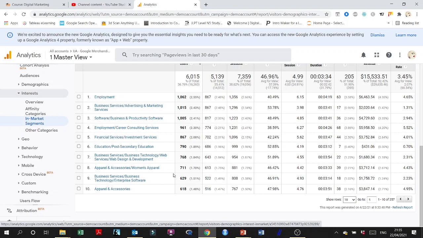But the main idea here, guys, is to align your marketing message or your marketing campaign to one or many. So you have different ad groups. The first ad group maybe targets certain in-market segments so that they can relate to you and to your service, because most of them are currently actively looking for employment.